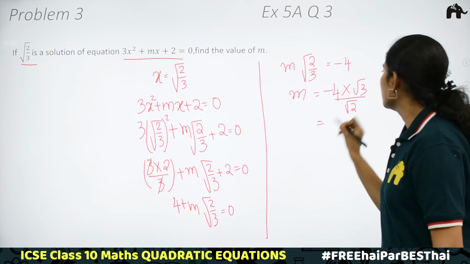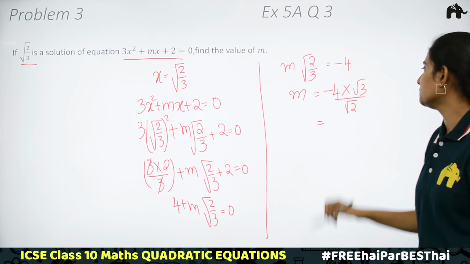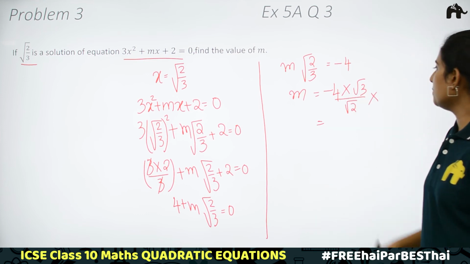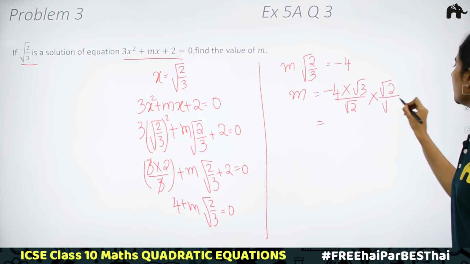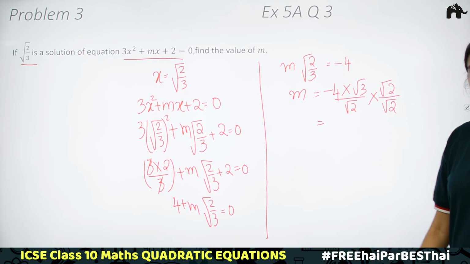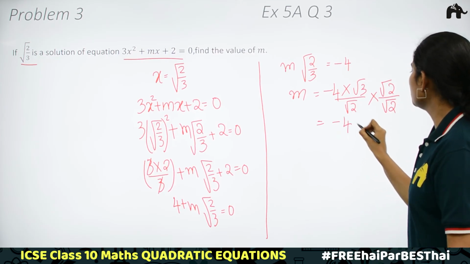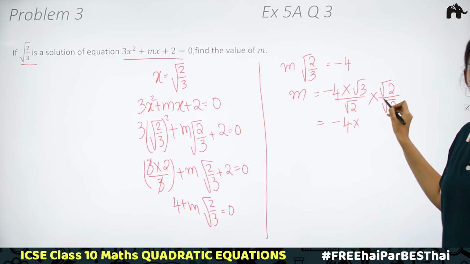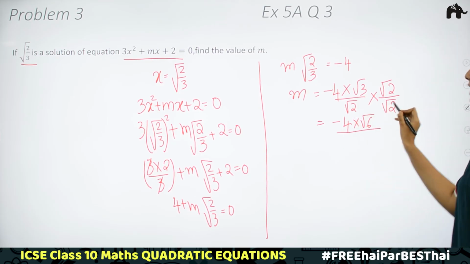Now we can just rearrange this. That is minus 4. When you multiply root 2 on the numerator and denominator, you will be getting minus 4 into root 3 into root 2 is root 6. Root 2 into root 2.